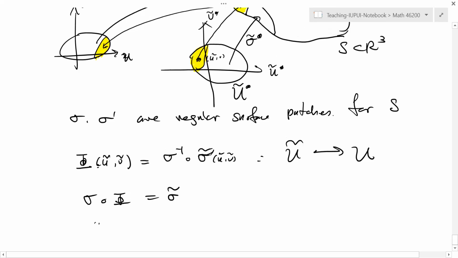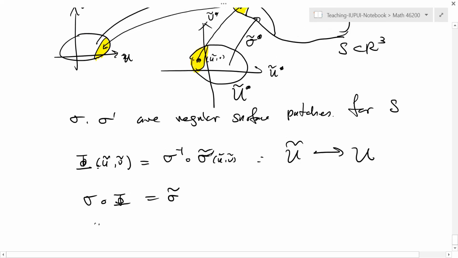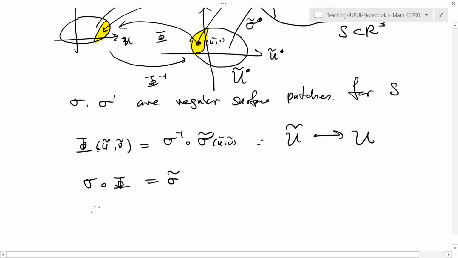It's one-to-one, right? So you can have a map from here to here, called phi, and then reverse it, called phi inverse. So the inverse is defined by that.